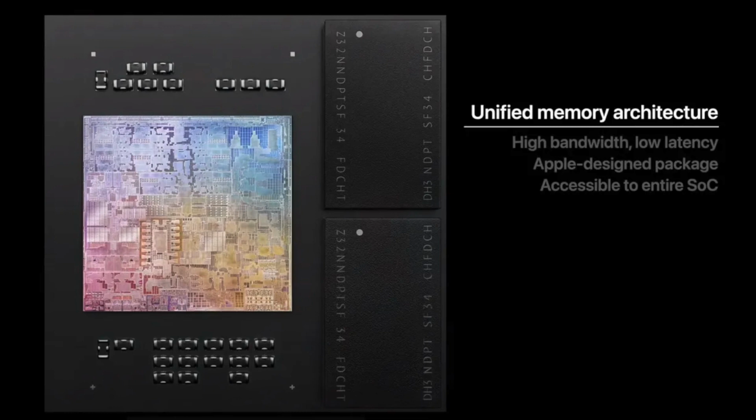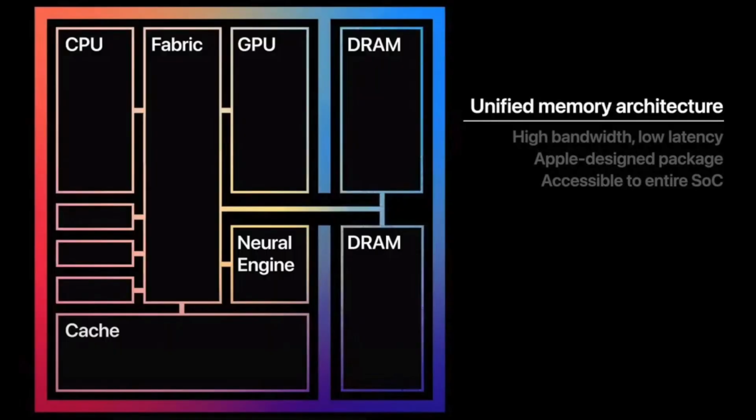The second very unique design of the Apple chip is the unified memory, as you can see from this figure. The M chip has two DRAM parts, you can see. And the CPU, GPU, neural engine, and other units can connect to this DRAM through a unified bus, and connect to the DRAM as well as the cache.